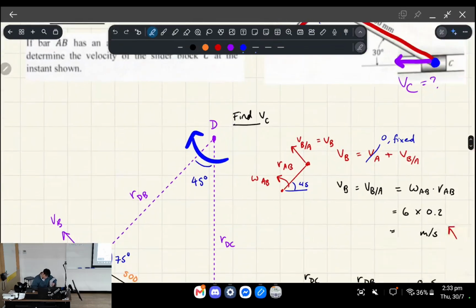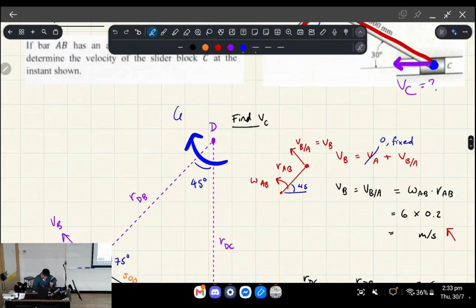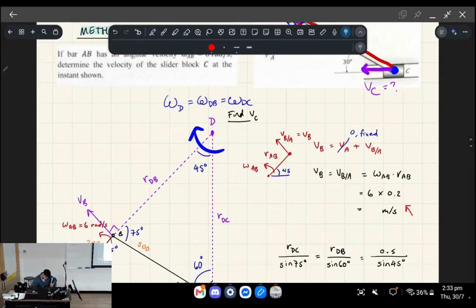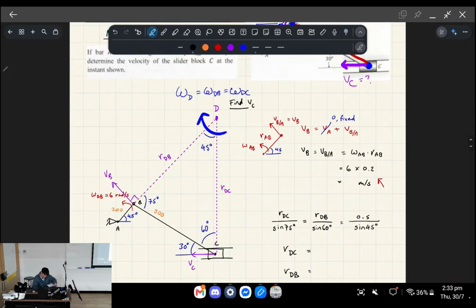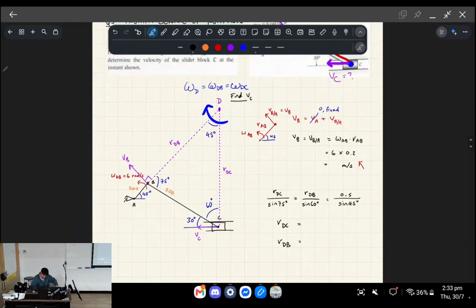And they're going to move with the same angular velocity around point D. So you'll see that omega D is going to be equal to omega DB, and it's going to be equal to omega DC. So this is going to have the same angular velocity as the velocity going there. So that's kind of the setup.